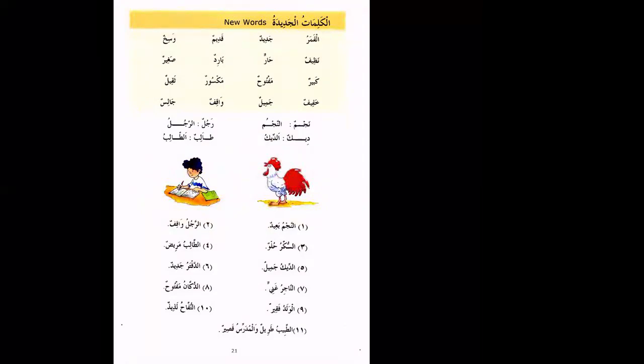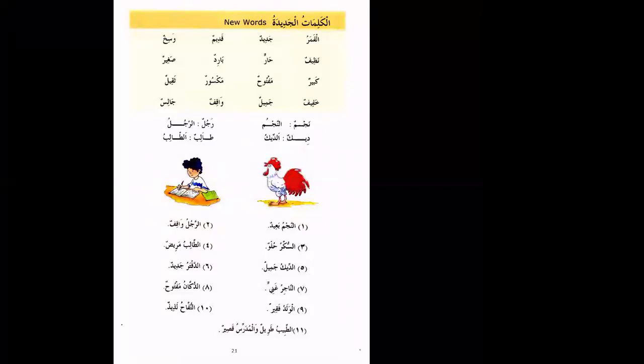So here we have these new words that we've been introduced to in this lesson. And if you go to the end of the PDF, you'll see that the English of those words have also been mentioned. But the reason why they've shown us the pictures and the words is to tell us that we need to try to associate the words with the pictures in our mind. When we mention this word, the picture of that particular thing, whatever it is, should come into our mind.